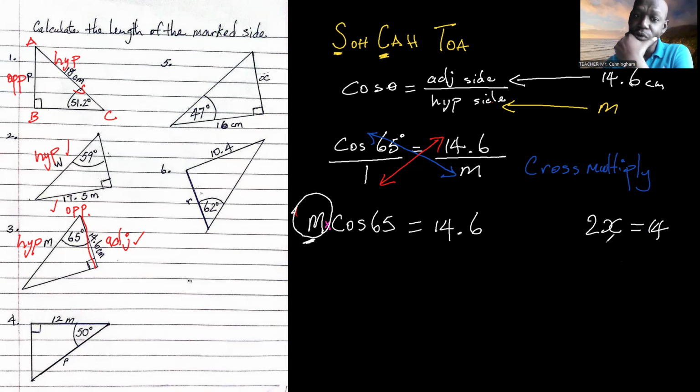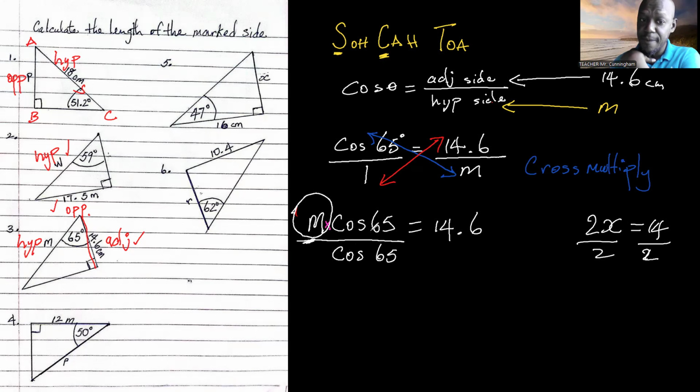We divide it. So what are we going to do now with the m times cos 65? Divide by cos 65, not 65. And whatever you do on one side, do it on the next side.